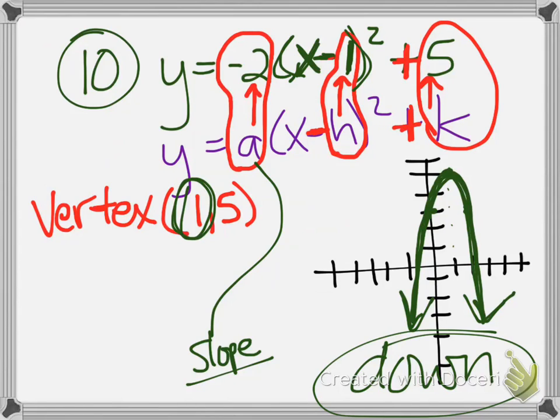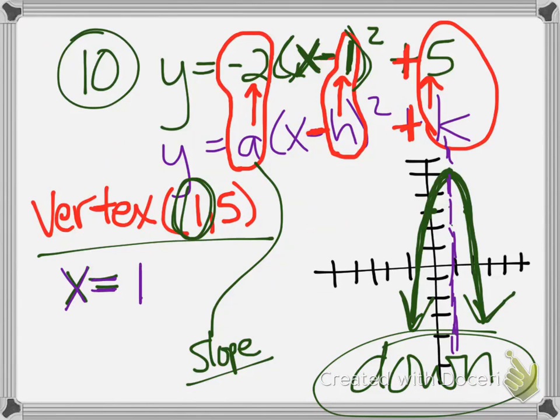Okay, our vertex is 1, 5. We've already got that. Remember, the axis of symmetry is a line. It's a vertical line. It's imaginary, but it goes right down the middle of your parabola. So the axis of symmetry, x equals 1. It's always the same as the x in the vertex.